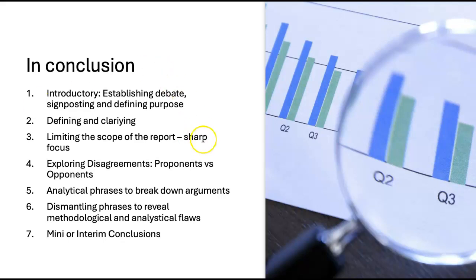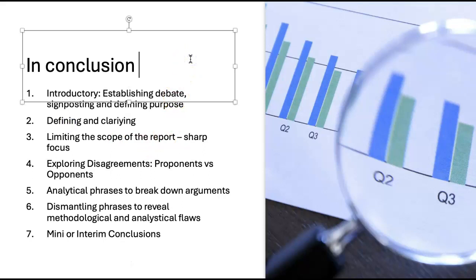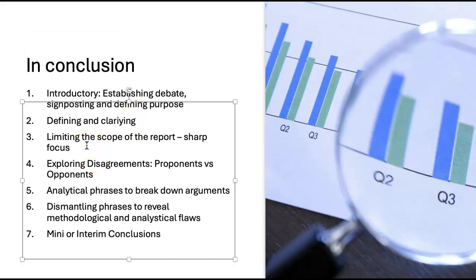Finally, then, to conclude, it's very important, the introduction, that you establish the debate and define the purpose. Do not forget to constantly define and clarify terms, especially key terms that are in your research question. Limit the scope of the report if you don't want to discuss something. Vital, probably the most important thing, is to have a debate at the core of the report, and I've strongly recommended that you use this language of proponents and opponents, okay?